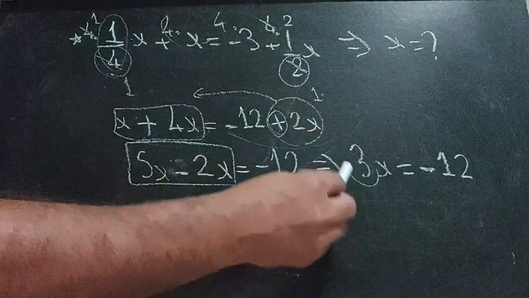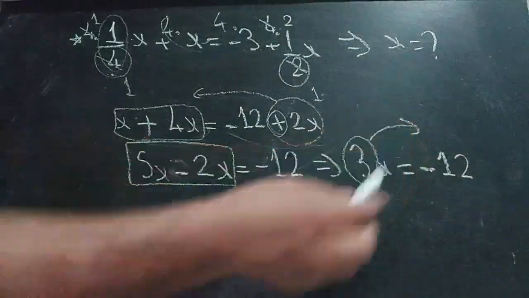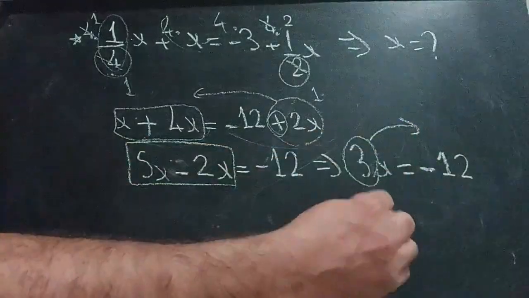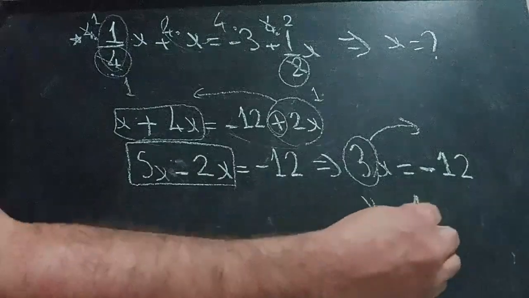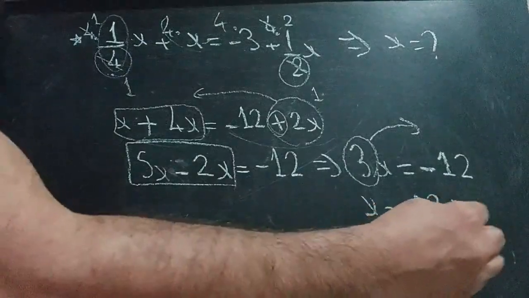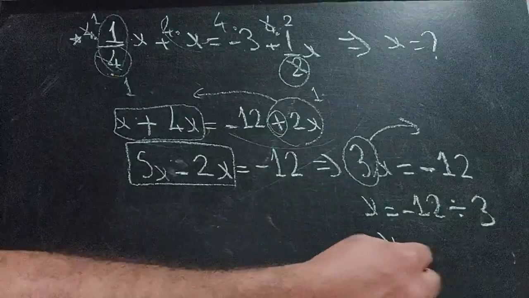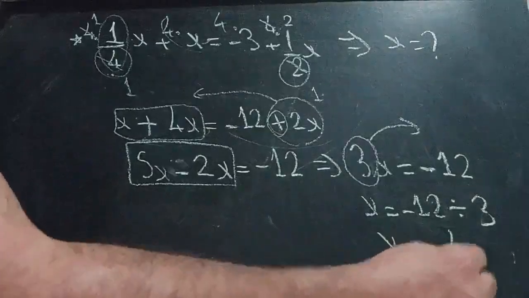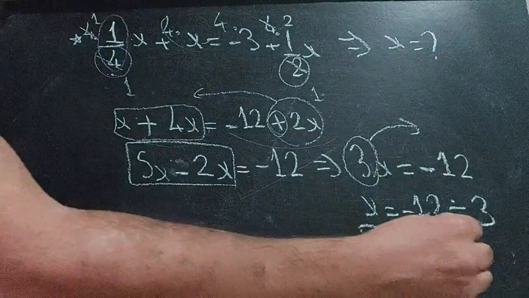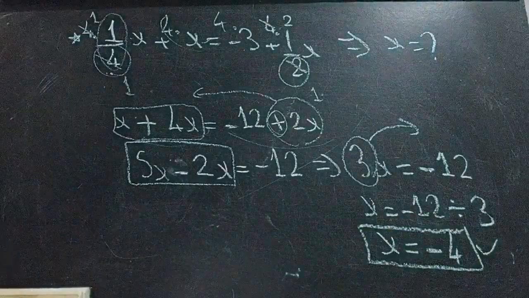And then this will go to the other side as division. X is going to be negative 12 divided by 3, which gives me negative 4. X will be negative 4.